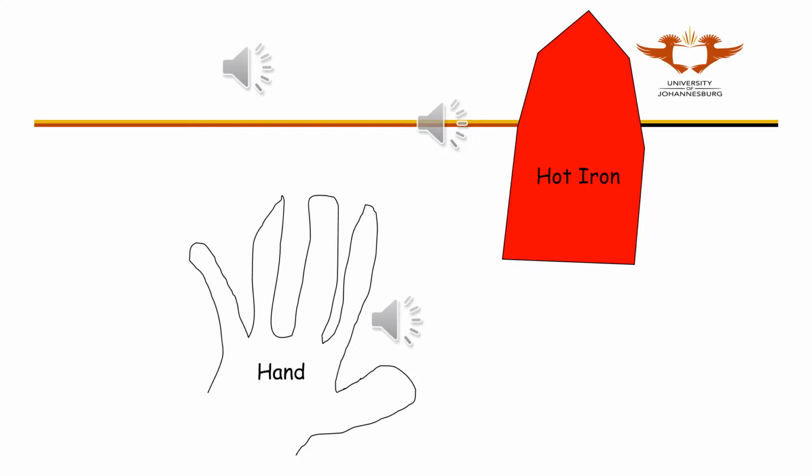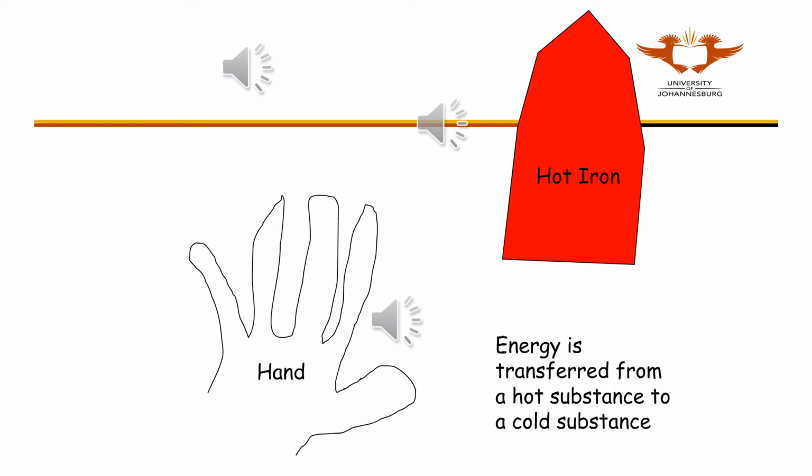This means that heat is being transferred to your hand from the iron as indicated by the arrow. This mode of heat transfer, where heat seems to cross an empty space, is called radiation. Another example of radiation is if you are outside on a sunny day, when you will probably feel the radiation from the sun on your exposed skin.